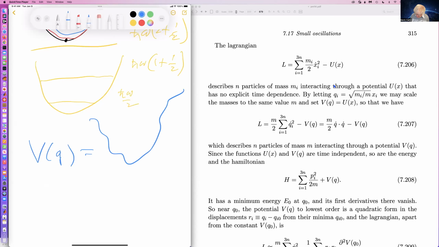But if you take the minimum here, which is, let's say, Q0, then near the minimum, V of Q is going to be V of Q0 plus V prime of Q0 times Q minus Q0 plus a half V double prime of Q0 times Q minus Q0 squared plus higher terms.